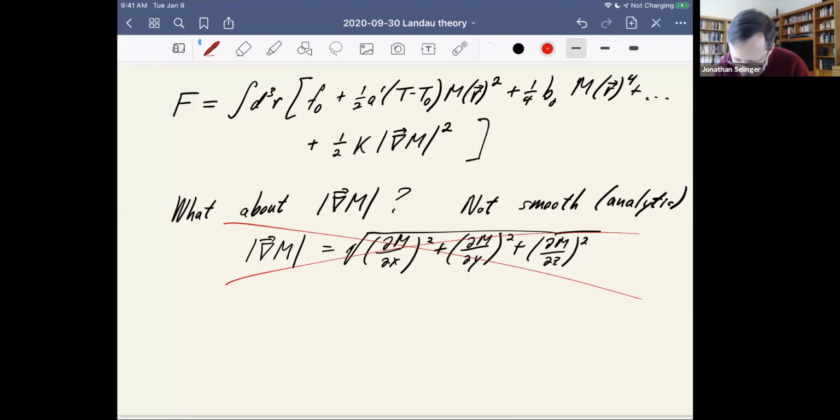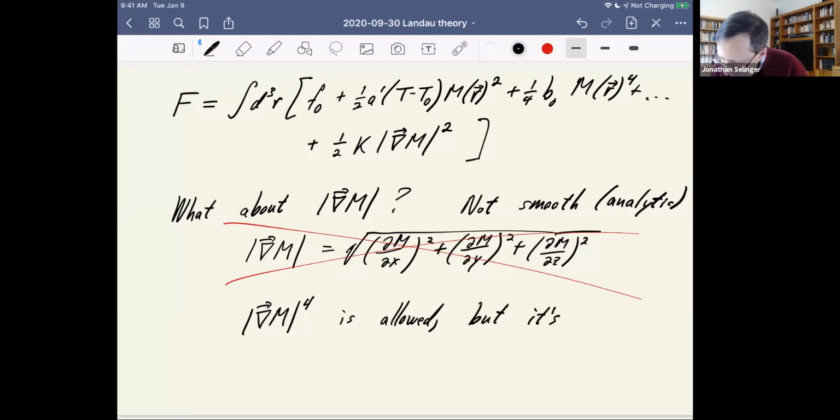By comparison, a term like the gradient of m to the 4th power, that is allowed, but it's smaller. Right? It's smaller because it has more powers of m in it, and it has more powers of the derivative.